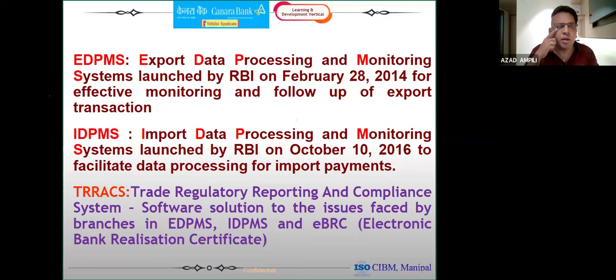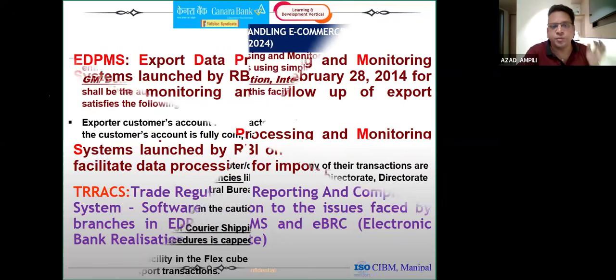So in this process, if we put wrong bill numbers, what will happen? As per RBI and as per bank, EDPMS entries will increase, meaning movement of goods and movement of funds are not corresponding. For every movement of goods, movement of documents should be there. This can happen in import, and this can happen in export also.